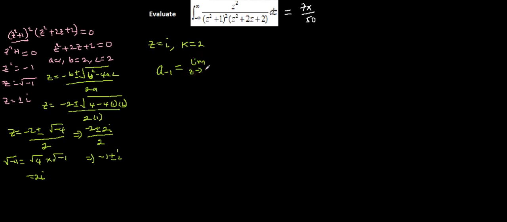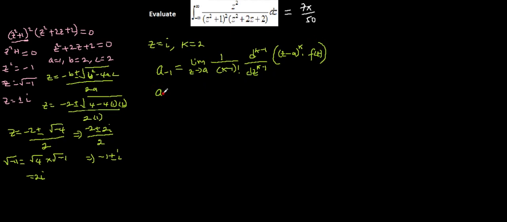Let me write out the formula first of all: limit as z tends to a of 1 over (k minus 1) factorial, times d to the k minus 1 over dz to the k minus 1, of (z minus a) raised to the power of k multiplying f of z. So this is the residue formula.